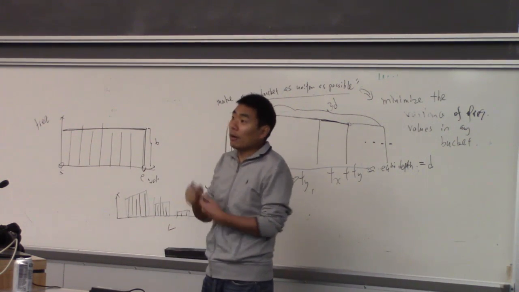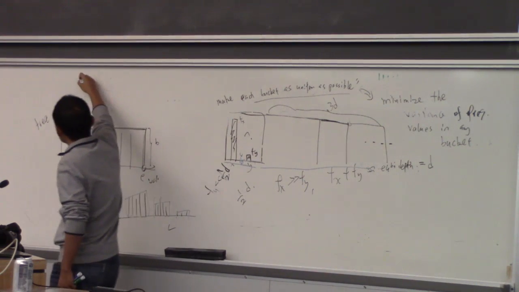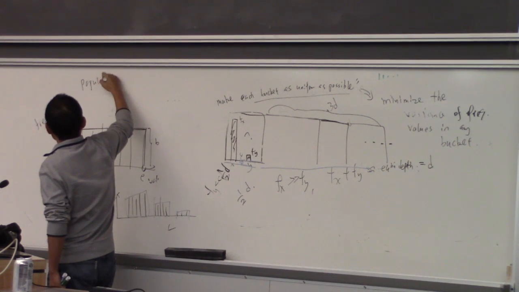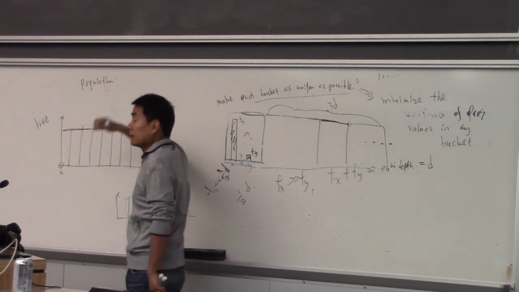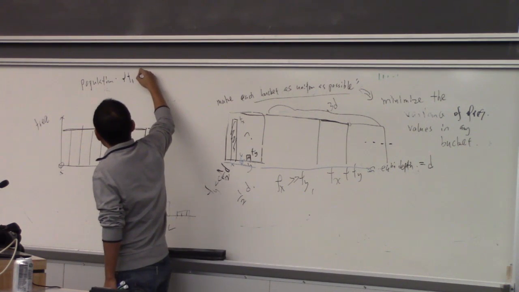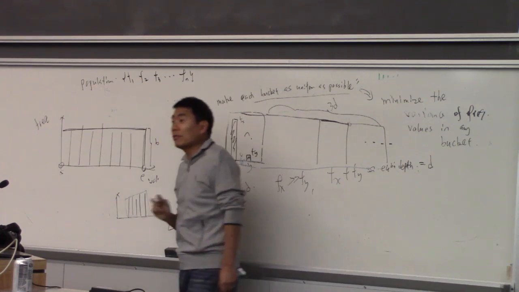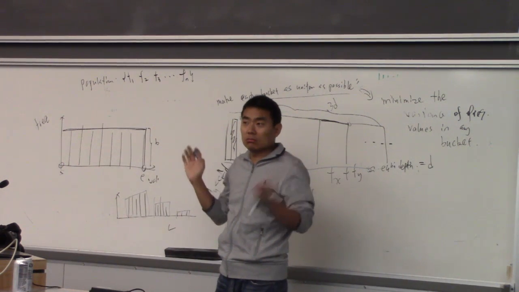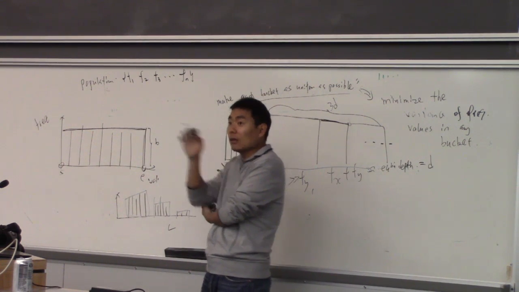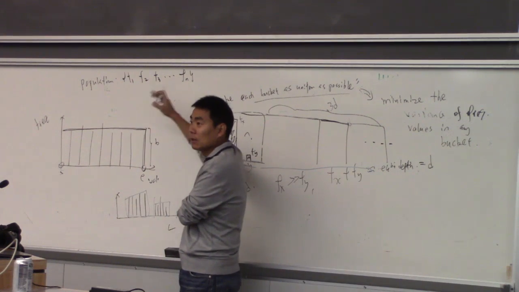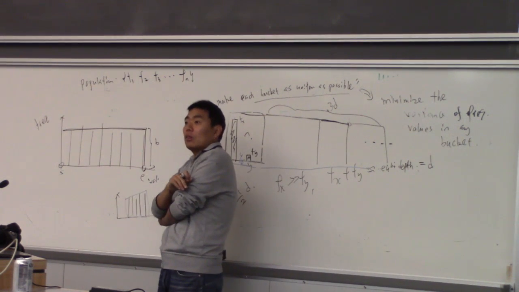The definition of variance is for a population. We are given a population such as F1, F2, F3, the frequency values of n values. They're just some values, not necessarily sorted. And what's the variance?